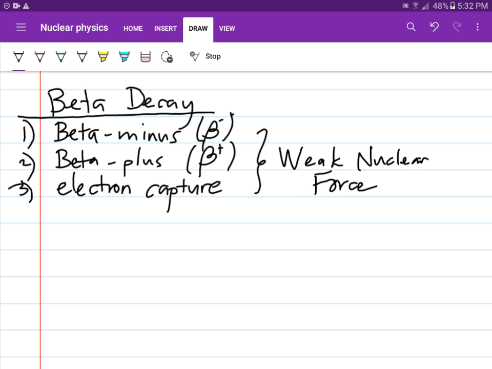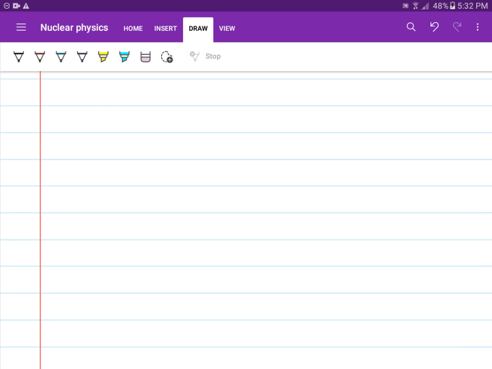So let's look into detail what is the beta minus decay. Beta minus decay involves the transformation of a neutron, so you have a neutron inside the nucleus. The neutron transforms into a proton, and by conservation of charge, there should be a negative charge added into the transformation.